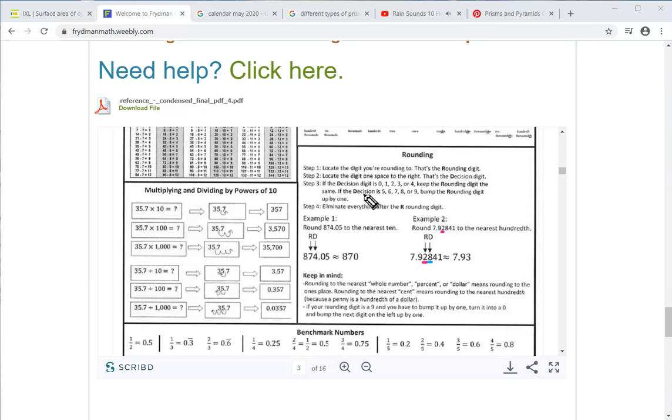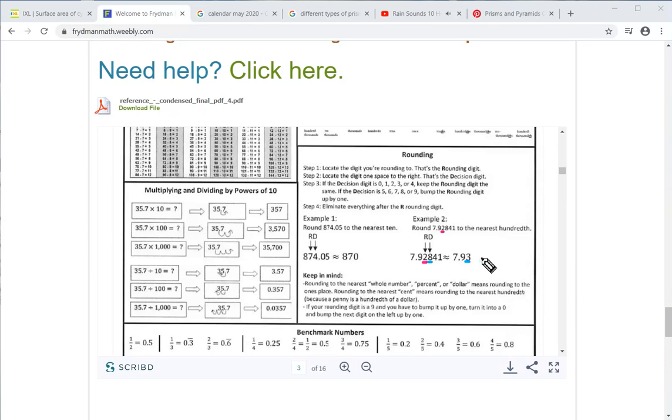But if the decision digit is 5, 6, 7, 8, or 9, like it is here, it's an 8, we will bump the rounding digit up by 1. So 2 plus 1 is 3, and that's why you see a 3 over here.